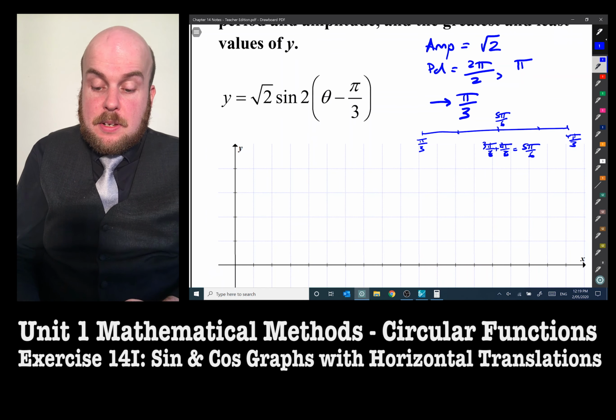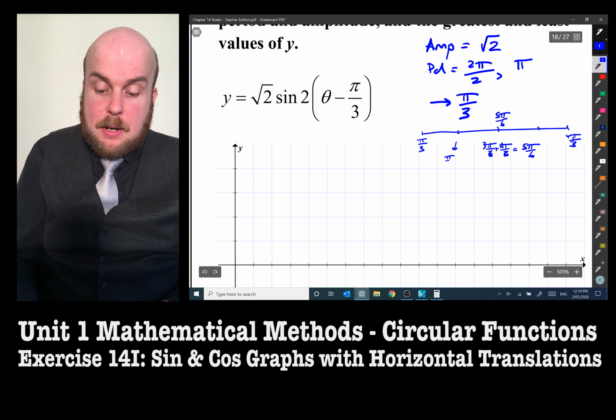And then what we'll need to do is get the in-between bit. So half of pi on 2 would be pi on 4. So this will be pi on 3 plus pi on 4. We'll go into 12ths now. That's going to be 4 pi and 3 pi, so it's 7 pi on 12.